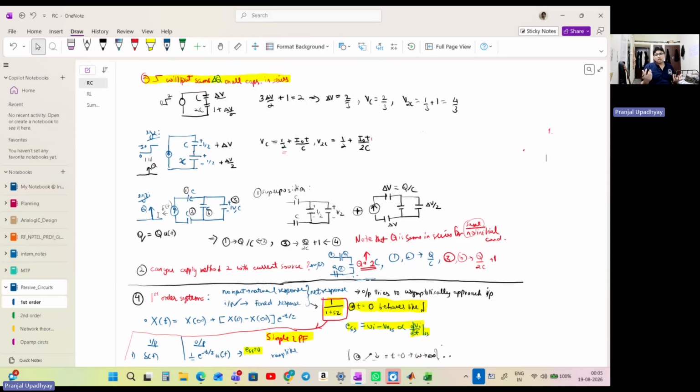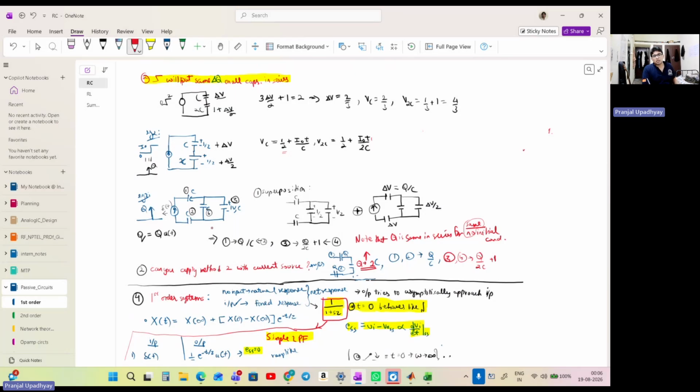So here again, in this example we have solved it by superposition, but we could have solved it altogether by that analogy, how that charge will distribute to the series network of capacitors.